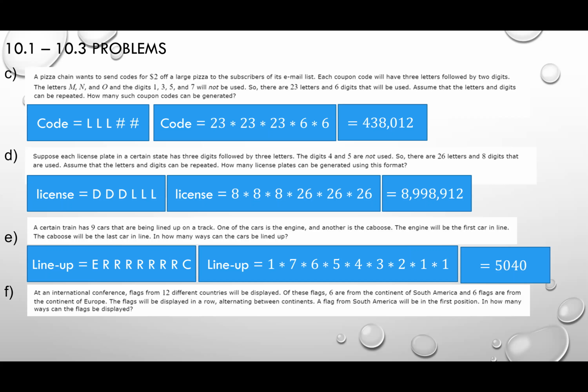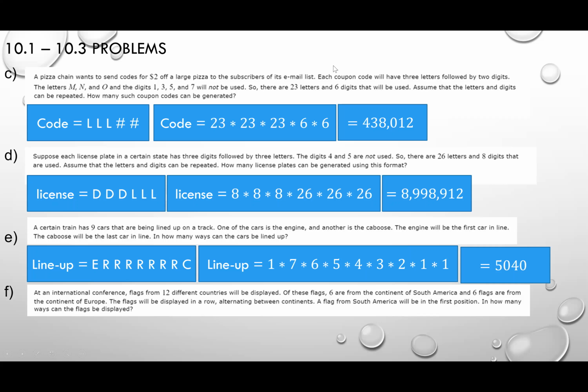Of these flags, there are 6 from South America, and 6 from the continent of Europe. The flags will be displayed in a row, alternating between the continents. A flag from South America will be in the first position, and in how many ways can the flags be displayed?